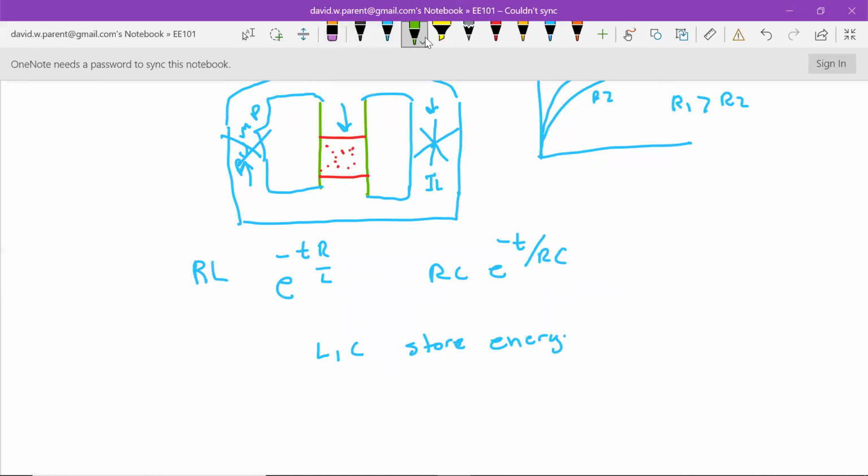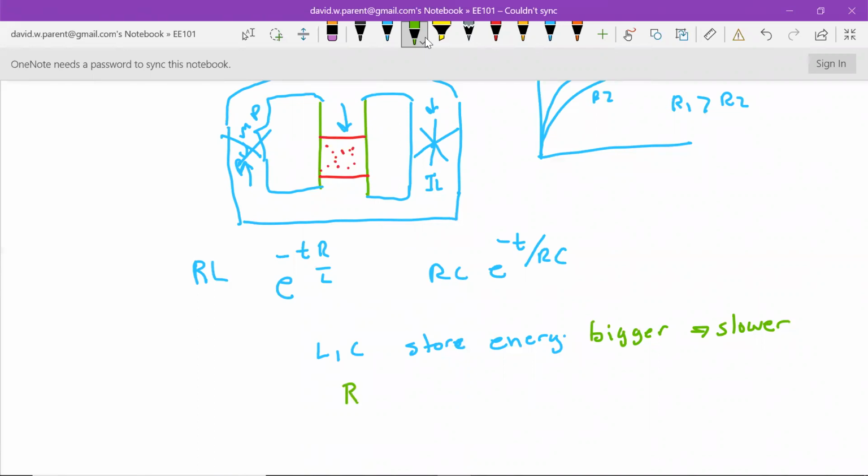L and C store energy. Bigger, slower. More mass means it's going to take more to get going. A bigger bucket means it's going to take longer to fill the bucket up.